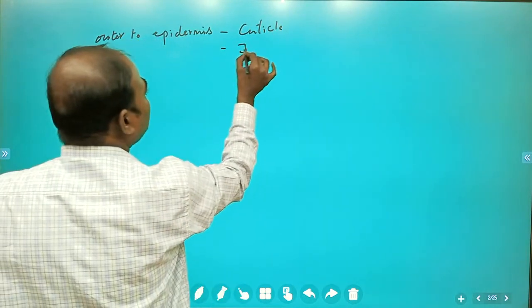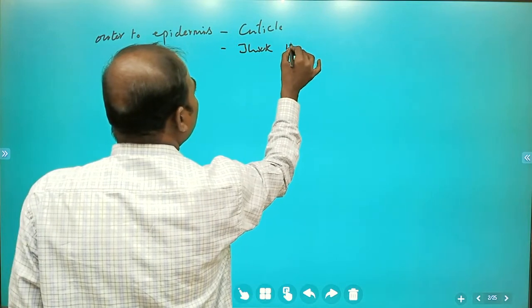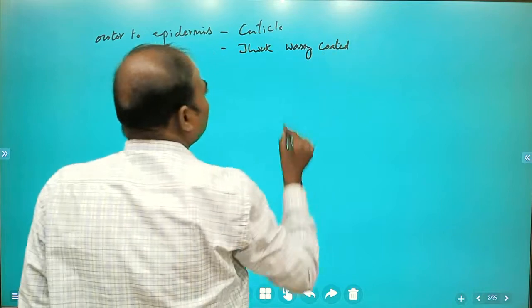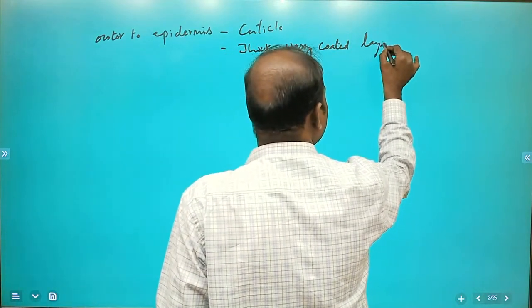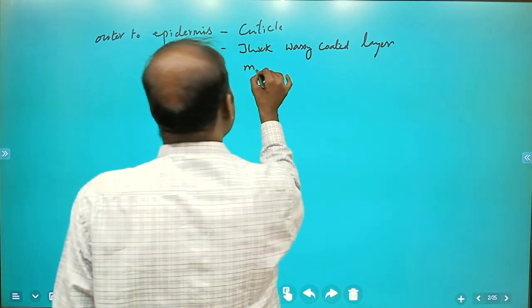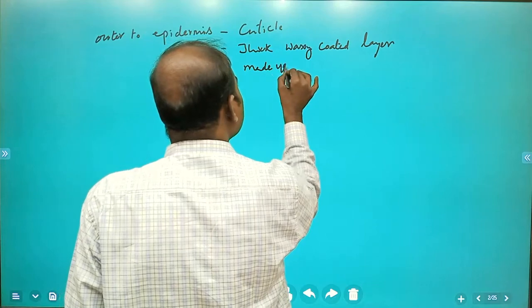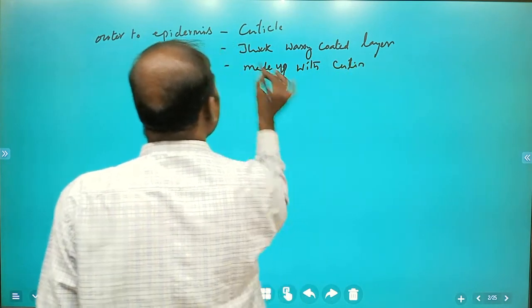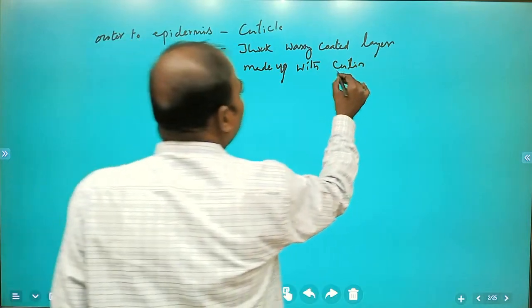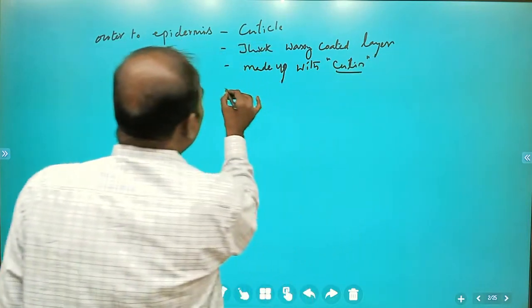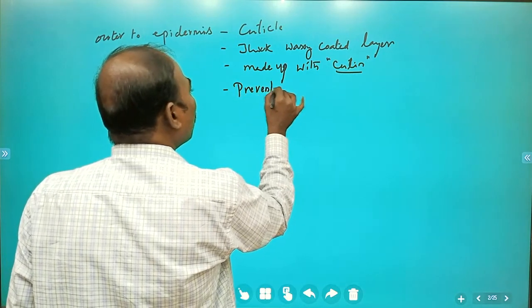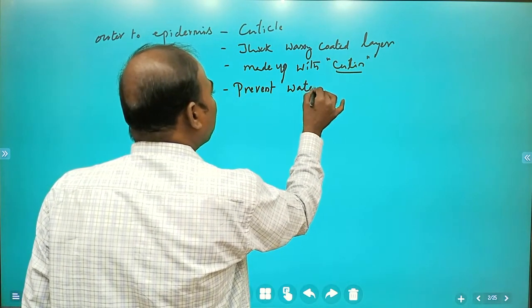Cuticle is a thick, waxy coated layer made up of cutin, a chemical which prevents water loss.